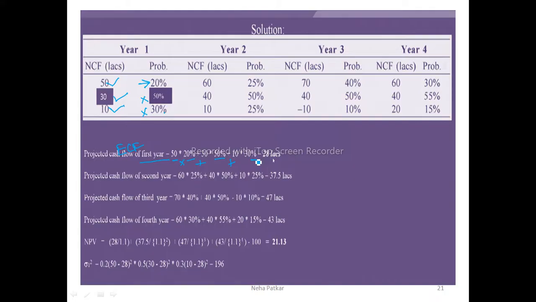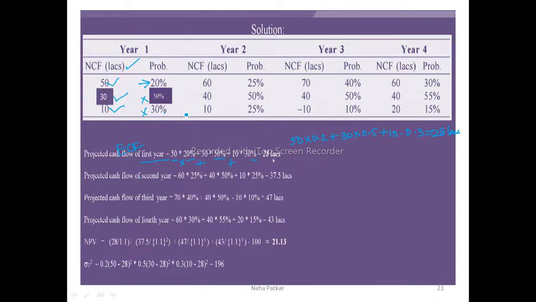Simplifying, 50 multiplied by 0.2 plus 30 multiplied by 0.5 plus 10 multiplied by 0.3, and when we solve this we get 28 lakhs. The unit is given here, lakhs.